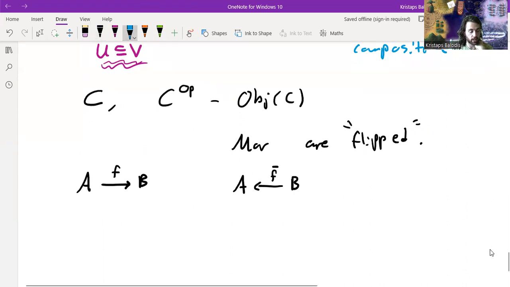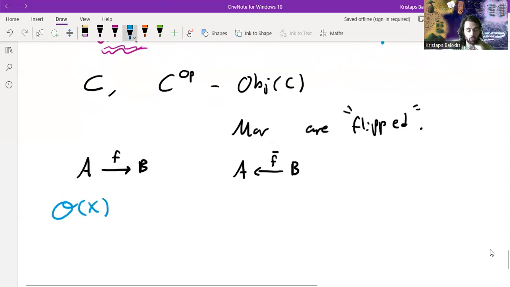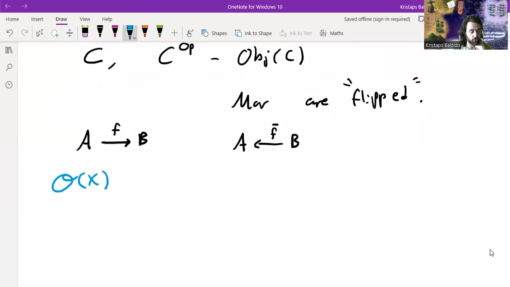So in our category of open sets, say, if U is contained in V, and this is a proper containment, my collection of morphisms from U into V is going to be empty.